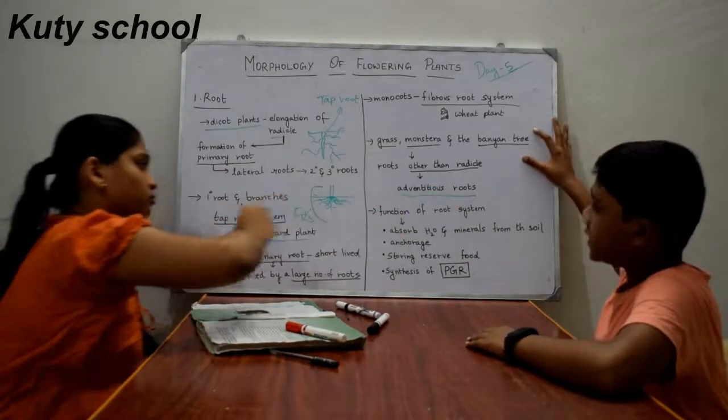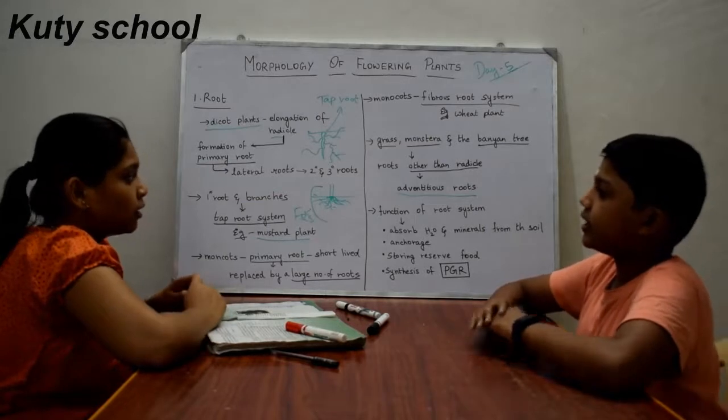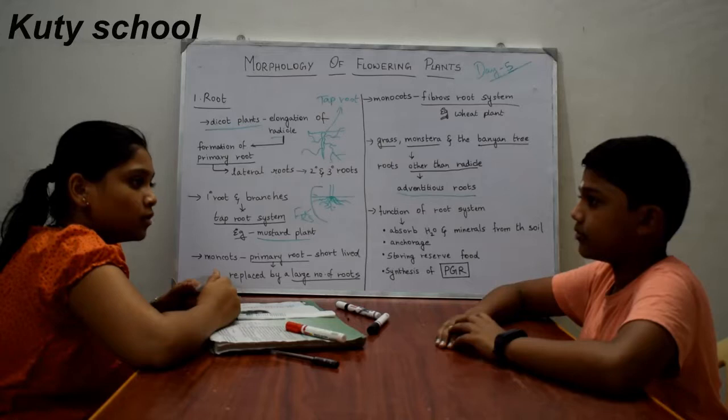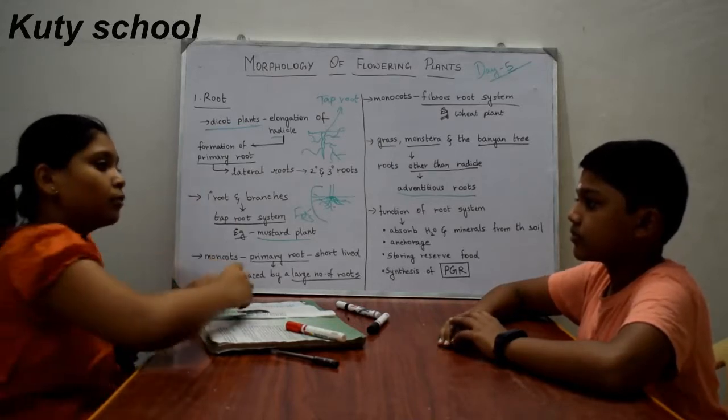For example, you can take the banyan tree. From the branches, the roots grow. Why do the roots grow from the branches? To penetrate into the ground and again give support to the tree.